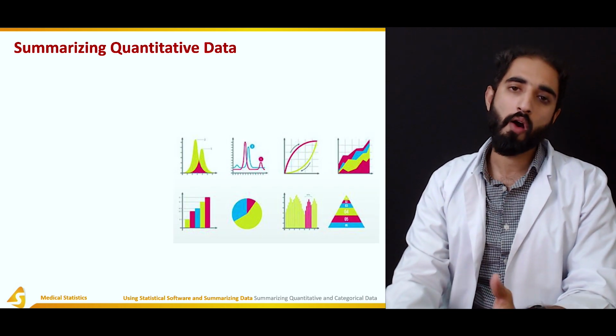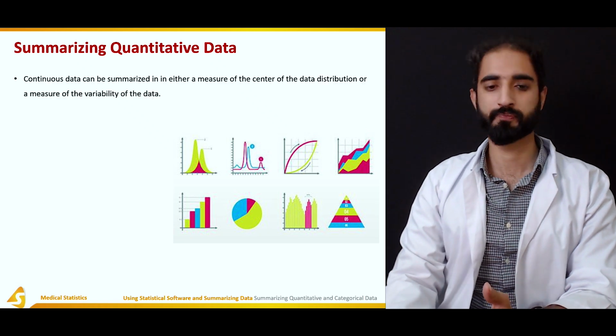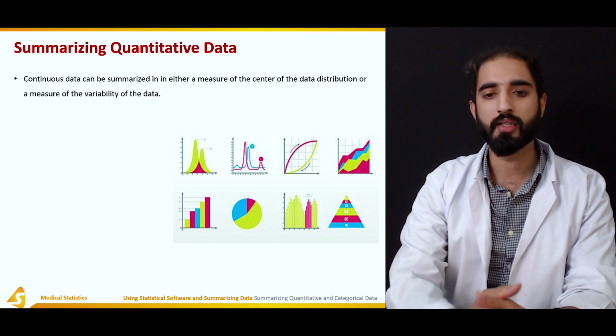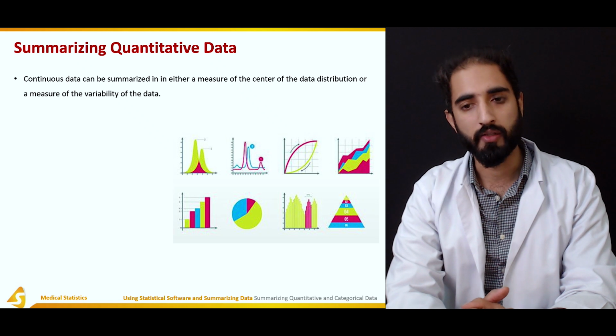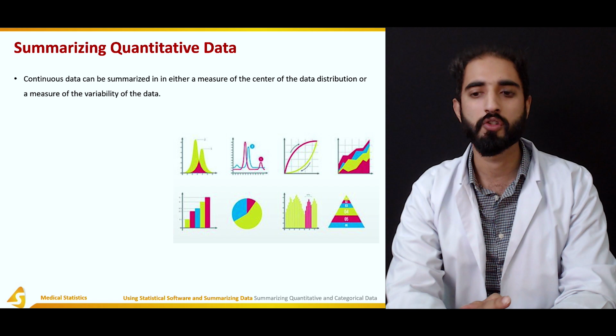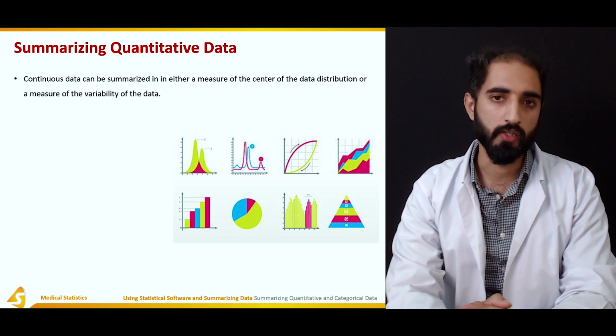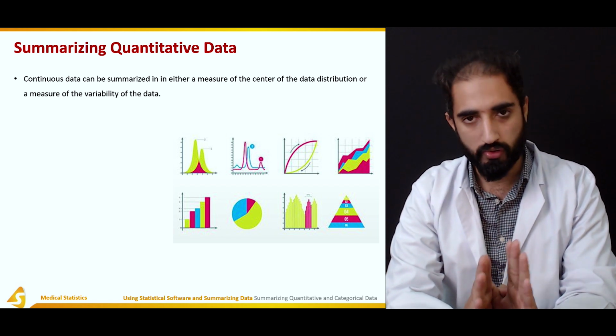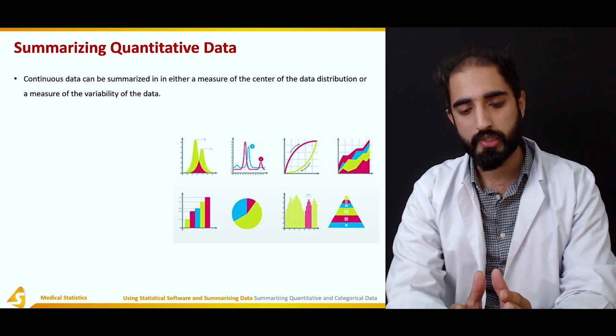Now, how can we summarize the quantitative data? So continuous data can be summarized in either a measure of the center or the measure of the central tendency of the data distribution, or a measure of the variability of the data, and almost all of the time they are both presented, mentioned, or written together.